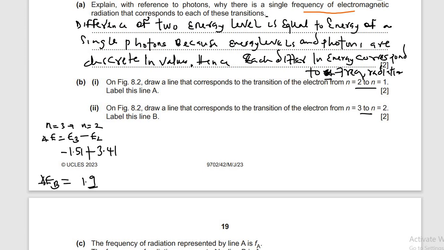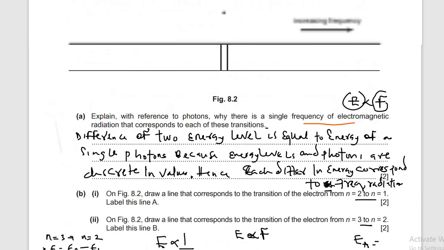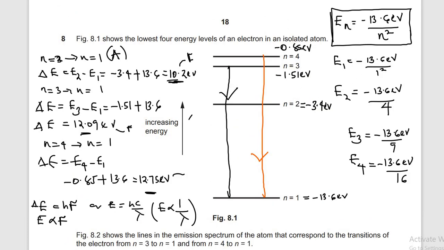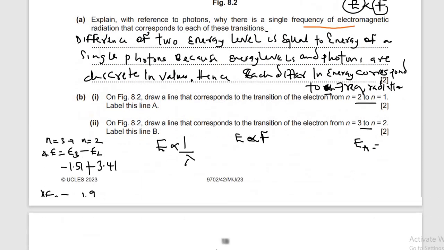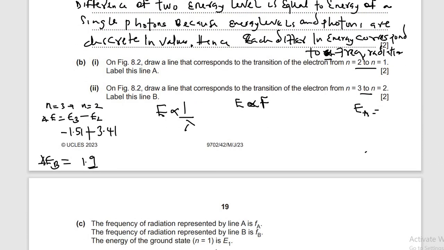Like I said, energy is inversely proportional to wavelength, and energy is directly proportional to frequency. Now, EA is the one for A, that's 2 to 1. It gave us 10.2. The one for B gave us 1.9.